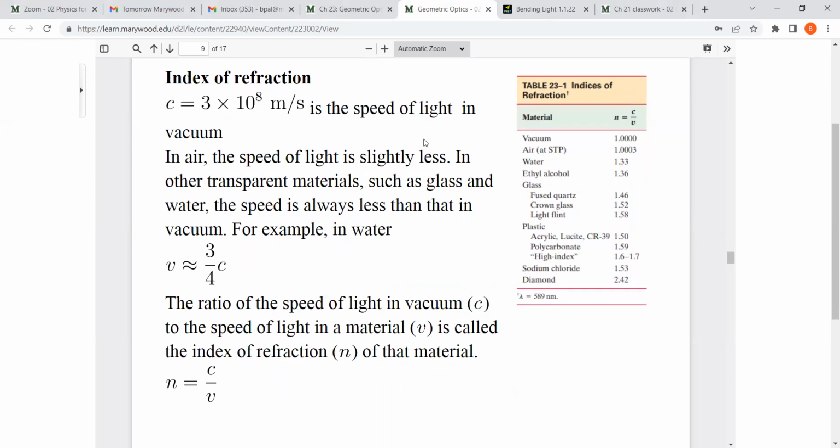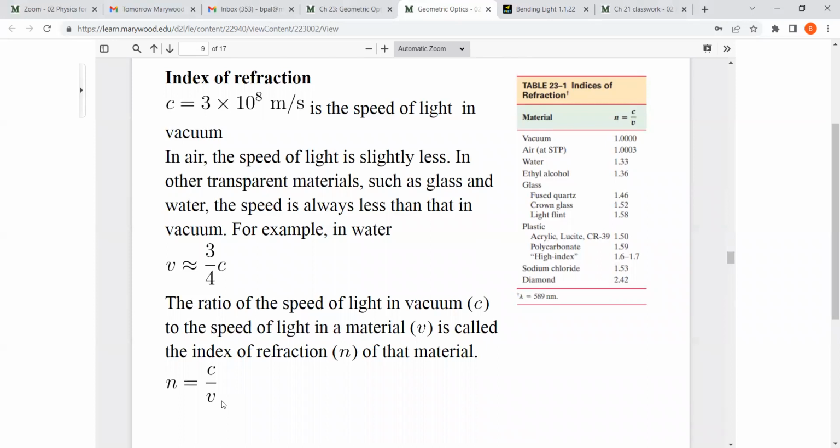Let's learn more about the index of refraction. We use the symbol small n. Small n is the index of refraction, and this is the ratio of the speed of light in a vacuum, c, and v, the speed of light in a particular medium, for example glass or water.